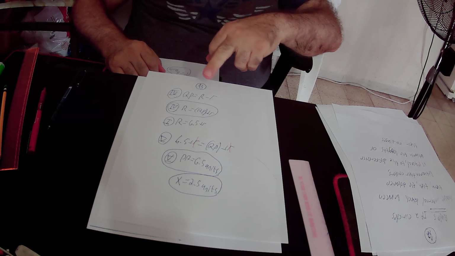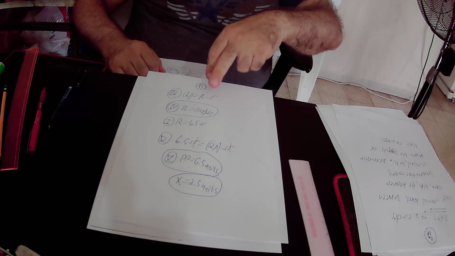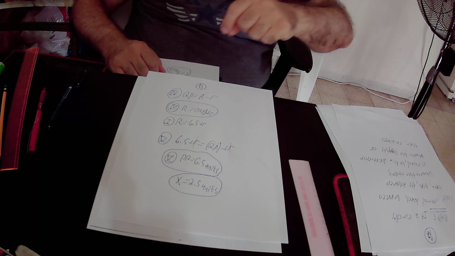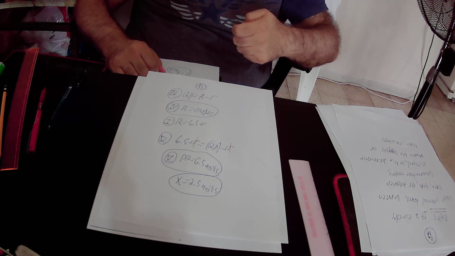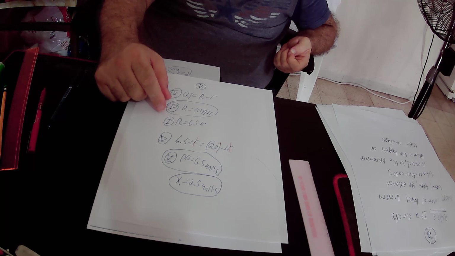So from equation number 4, we got that capital R equals QP plus small r, and we have already found out, according to equation number 1, that capital R equals 6.5 plus small r. So we have two expressions for the same radius.